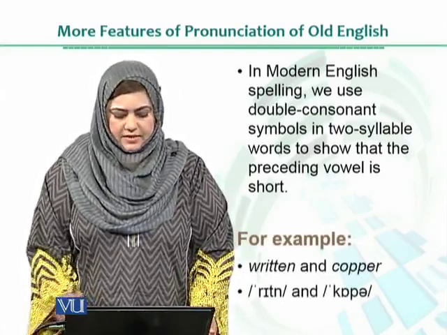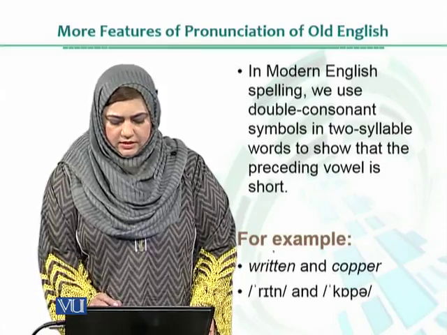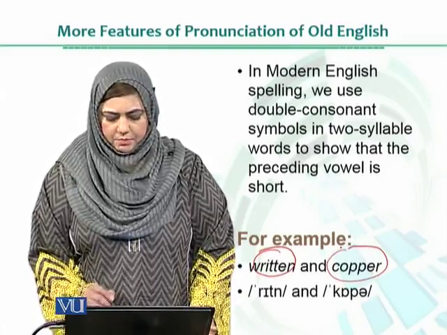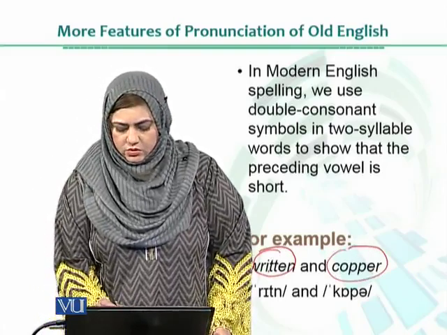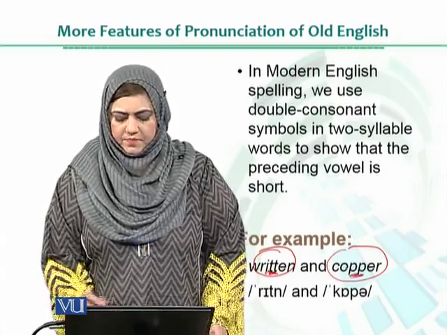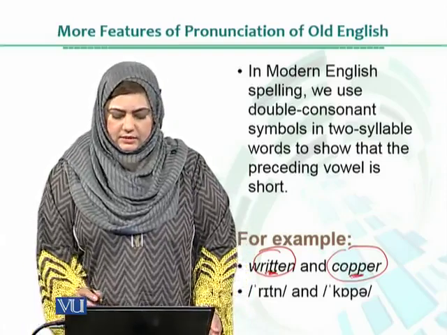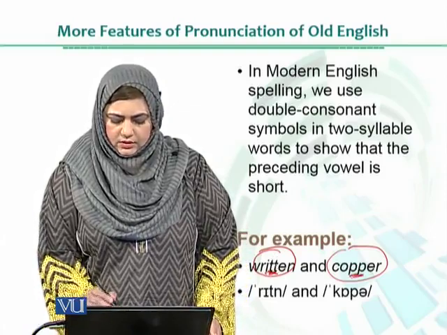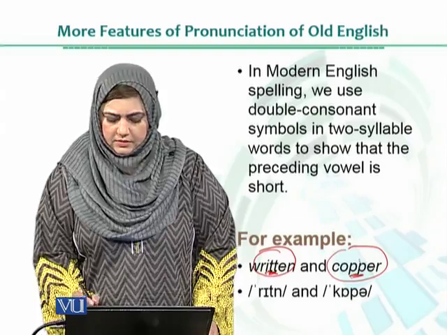Here I have an example for you. If you look at your screen, you can notice these two words, written and copper. Notice the use of consonants, double T, double P. Notice the representation through letters, that is two T's and two P's.